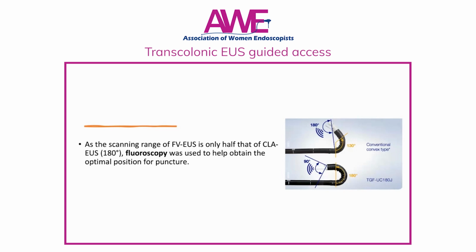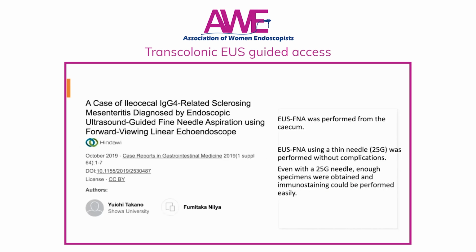And the second element was that they used fluoroscopy to help determine whether the position of the tip of the scope was close to their target lesion. And they also commented that for lesions that were small but visible endoscopically, that was quite easy to access.